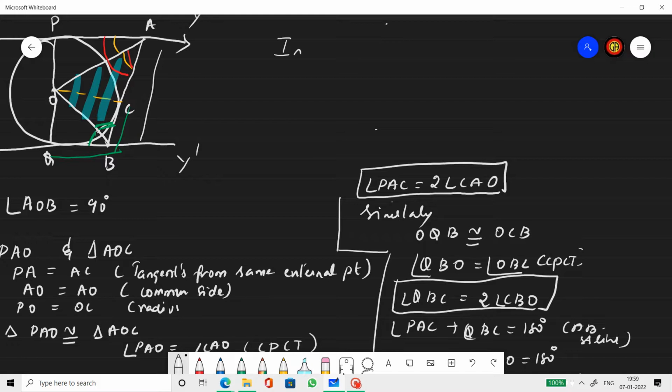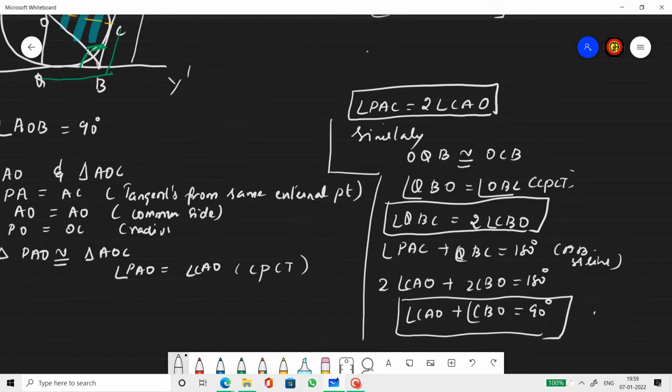In triangle AOB, using the angle sum property, angle AOB plus angle OAB plus angle OBA equals 180 degrees, in which two of the angles we proved are equal to 90 already.